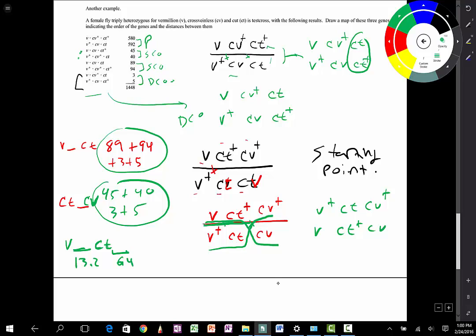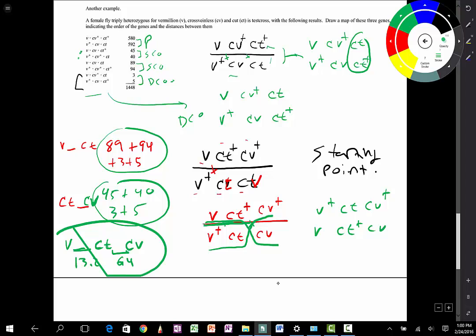And so this is CV down here. Whoops, that was supposed to be a circle. And so that is the map.